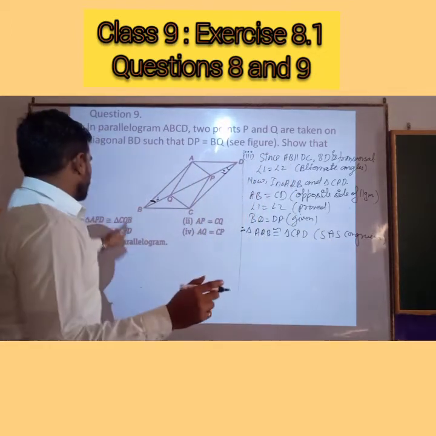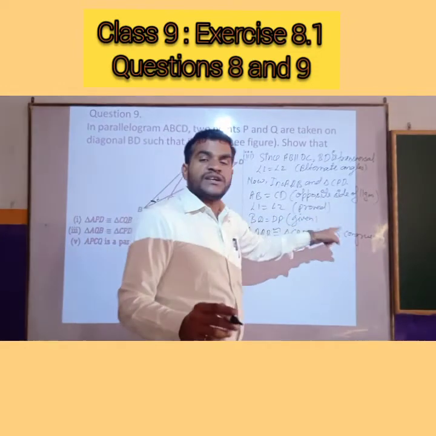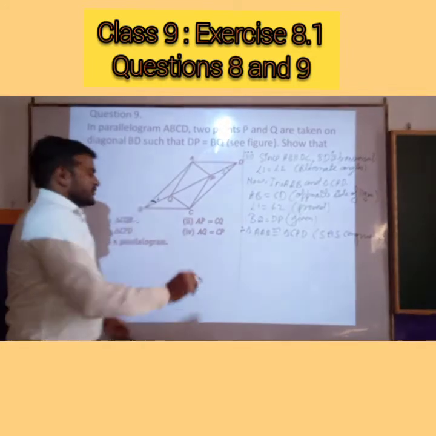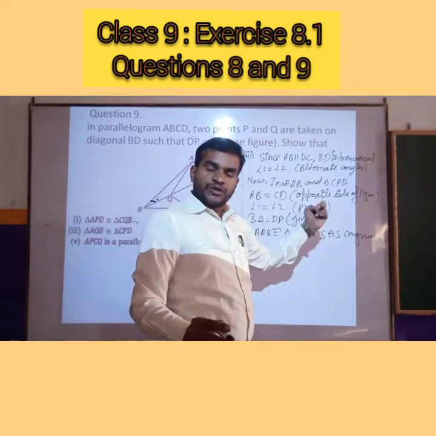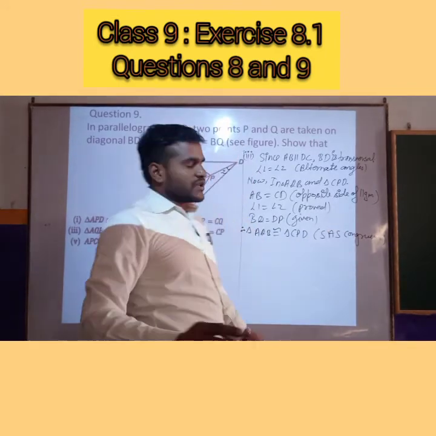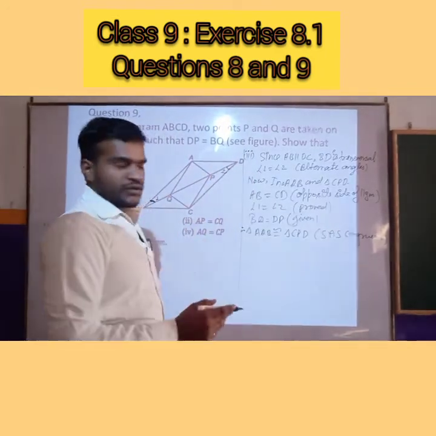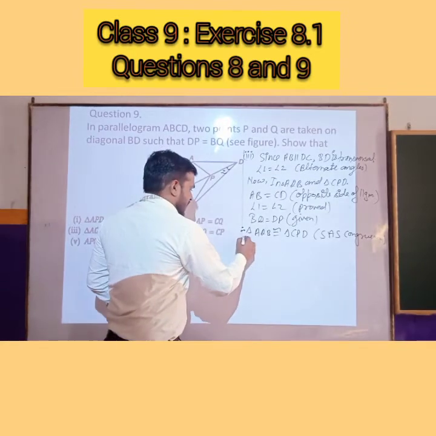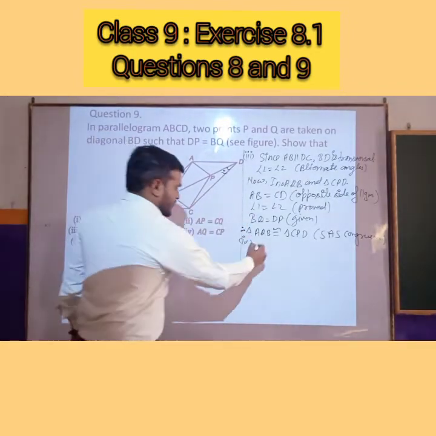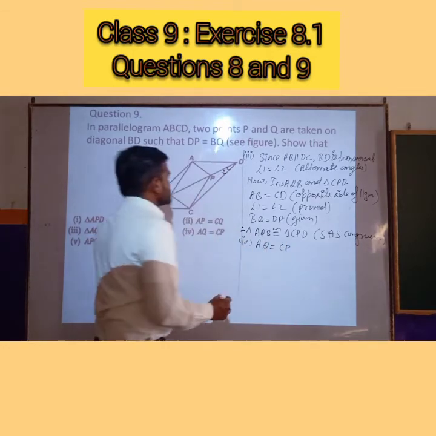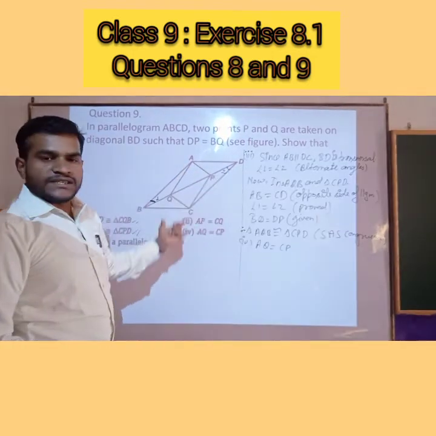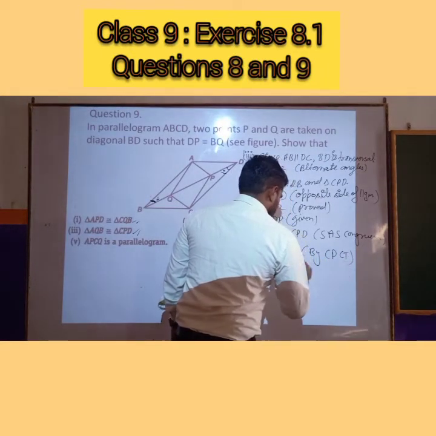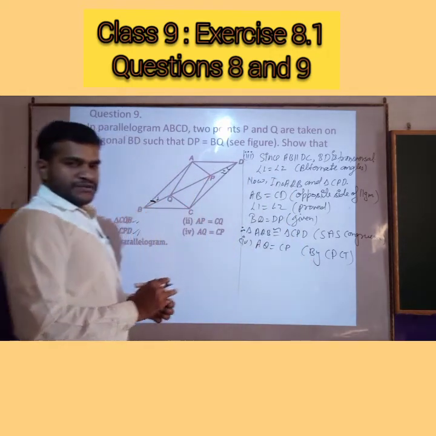And one more thing, children: in the first proof, by mistake I have written something else, but it should be SAS congruency criteria, side, angle and side. So if this is congruent, corresponding parts of congruent triangles are equal. So AQ is equal to CP, by CPCT. Hence proved.